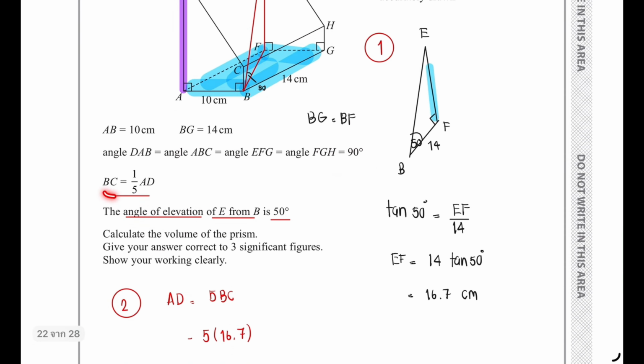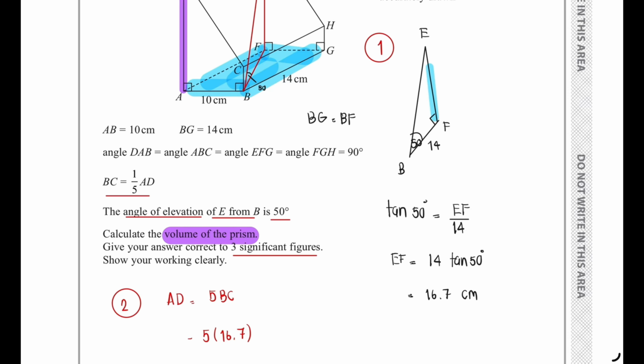And BC is equal to 1 over 5 times AD. The angle of elevation of E from B is 50 degrees. Calculate the volume of the prism. Give your answer to 3 significant figures.